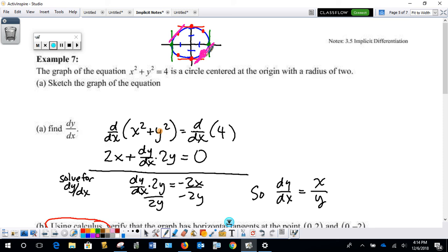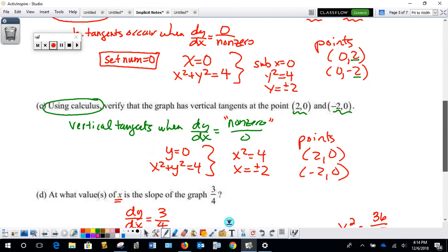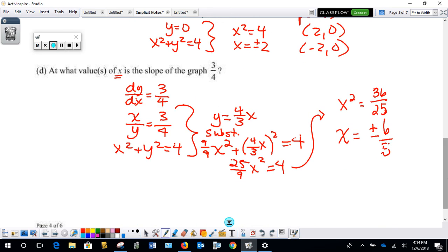So if they would have asked me for the point, I would have looked for the negative 6/5 and a positive y when I solved it. And then over here I would have done 6/5 and the negative y value from the solution if they'd asked me for the point. Alright, so that's example 7, showing you how that's going to work in terms of an application.